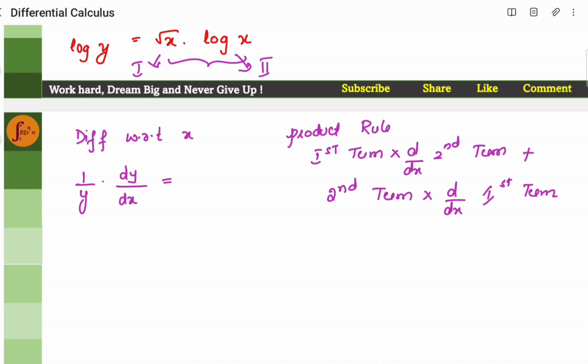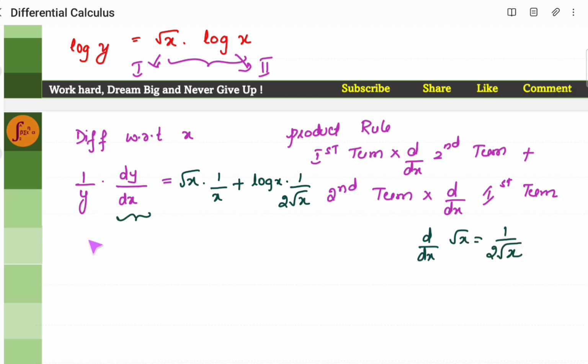I'll take root x into the derivative of the second term, that is 1 by x, plus the second term, which is log x, into the derivative of the first term, which is root x. The derivative of root x is 1 by 2 root x.